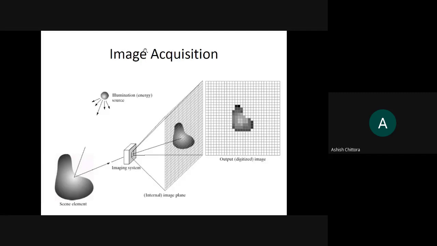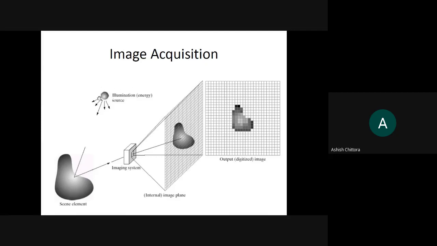So what is a digital image? The first step or stage of any digital image processing technique is to acquire the image, or image acquisition. In image acquisition, we have some object. This object can be a 3D object or a 2D object, and there is light falling on it. I am saying light in a general term.